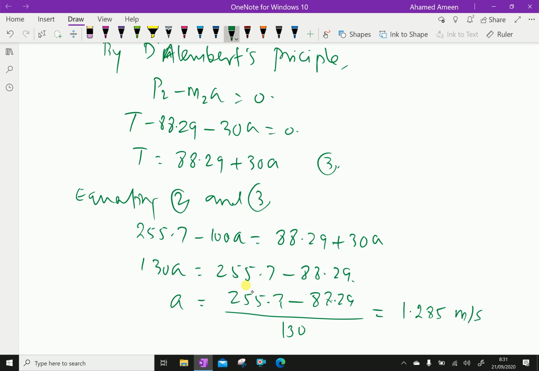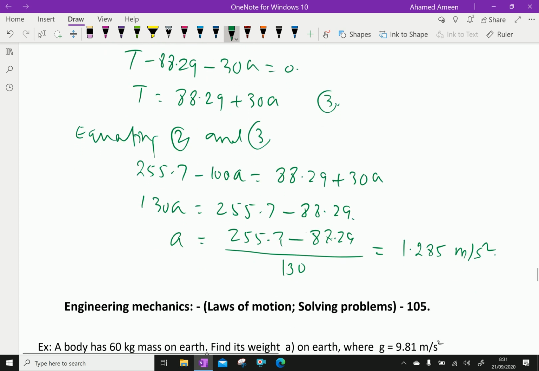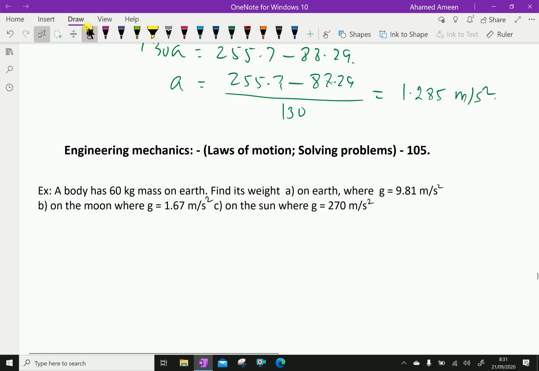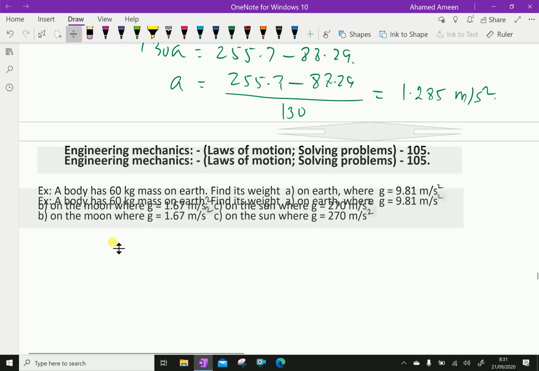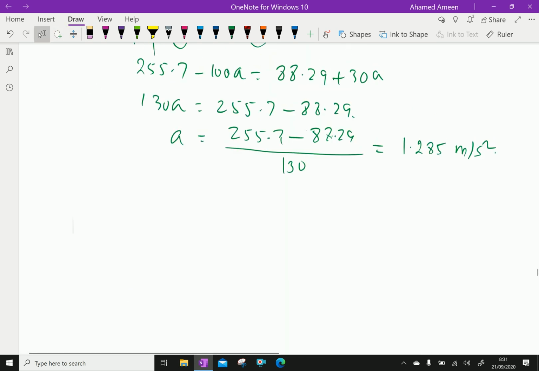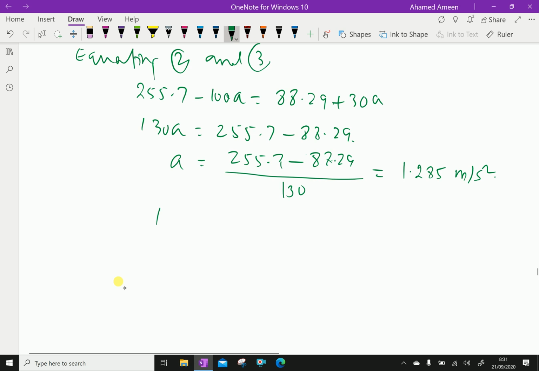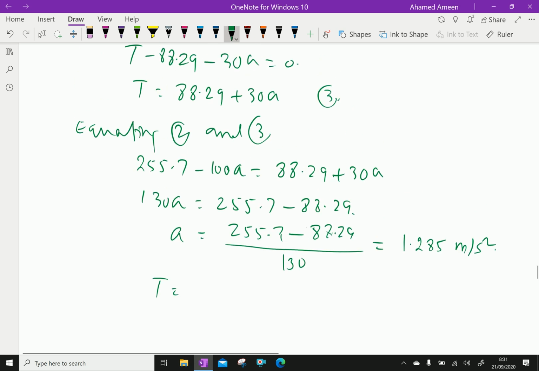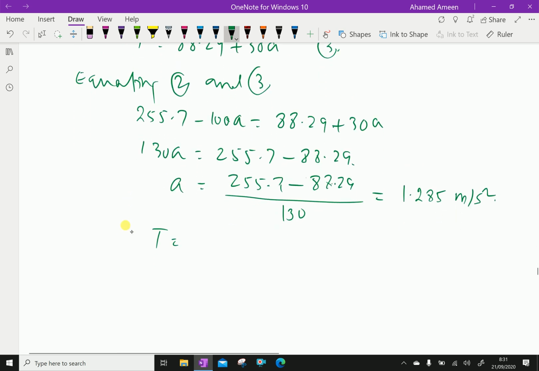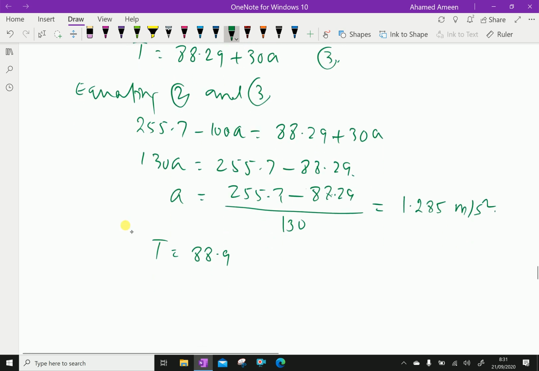meter per second square. Now we can use this to find the tension, using either equation 2 or 3. Tension is 88.29 plus 30a, where a is 1.285.